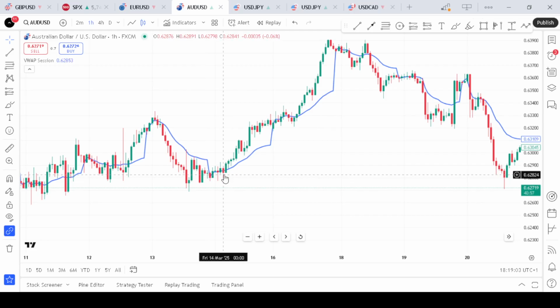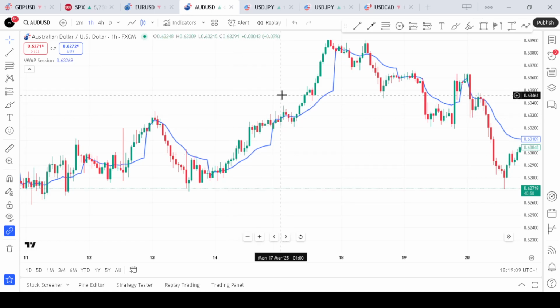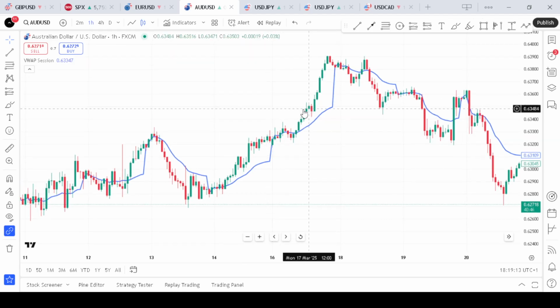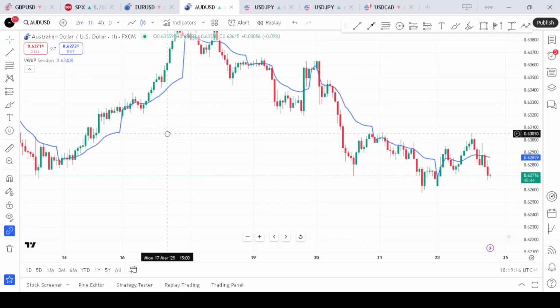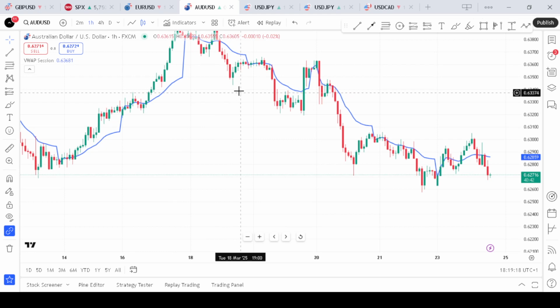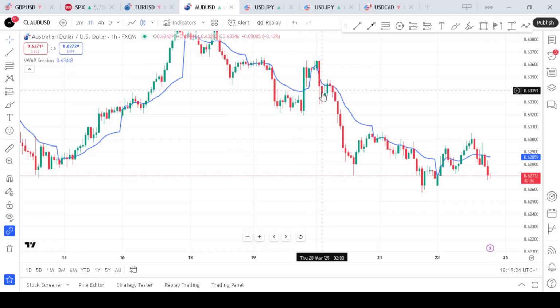This suggests that we'll be looking for bullish trades because we are expecting potential upward momentum. Conversely, a bearish signal is generated when price crosses below the VWAP line. As you can see in this area, this suggests downward pressure.